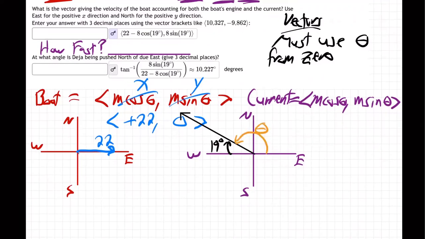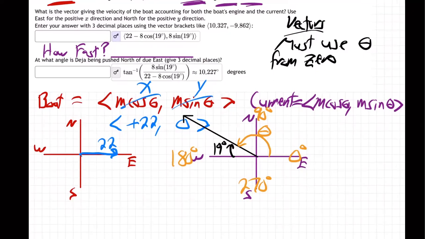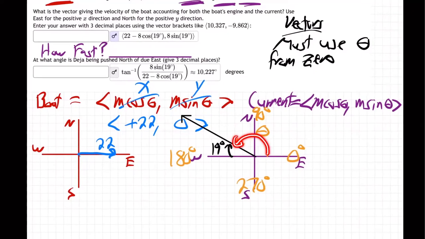There's the theta for when you do vectors. So how do you know what that is? Remember, this is like 0 degrees right here. This is 90 degrees straight up, 180 degrees right there, 270 down there. So I want to find the angle that's there. Well, how can you do that? I want that angle from 0. That's the angle you must use in a vector.